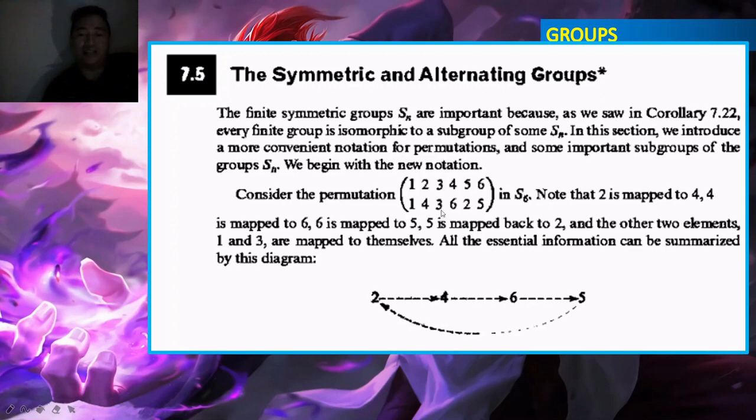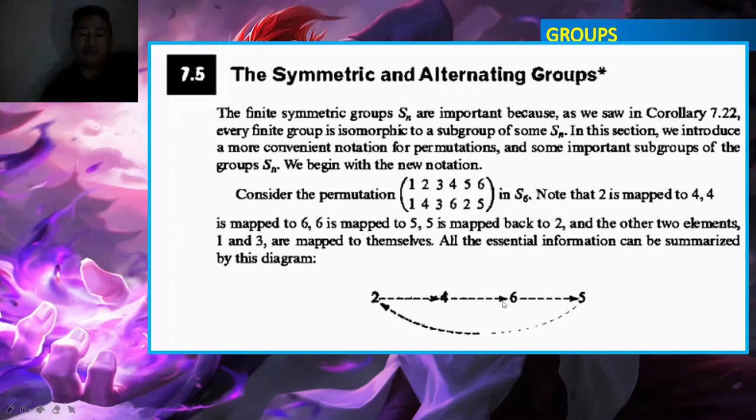All of the essential information can be summarized by this diagram: 2 goes to 4, 4 goes to 6, 6 goes to 5, and 5 goes back to 2.